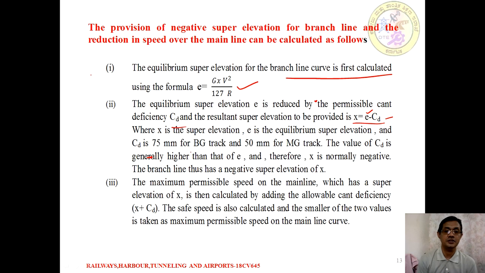According to the condition, 75 mm is the cant deficiency for broad gauge and 50 mm for meter gauge. These values are regularly used for the calculation.